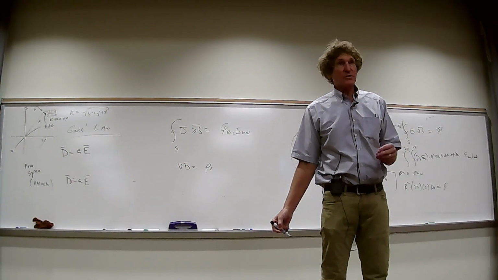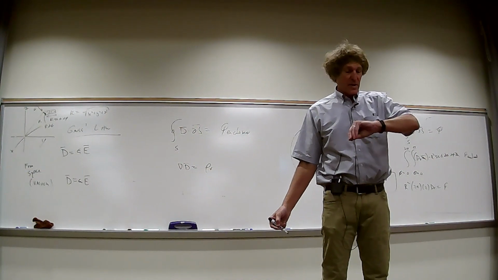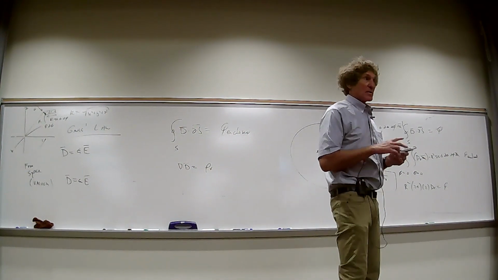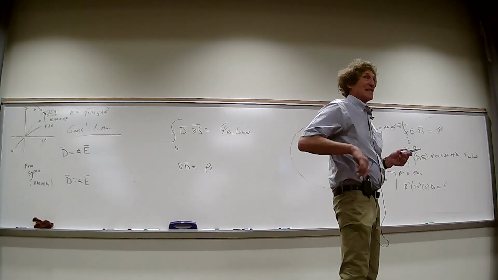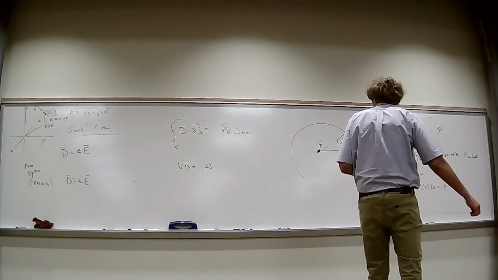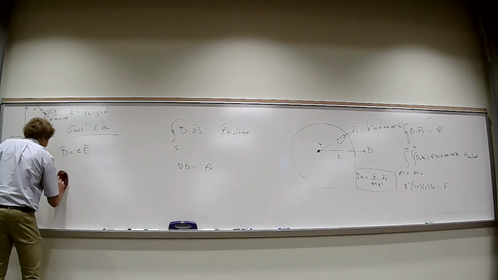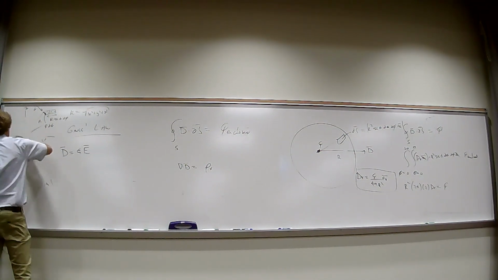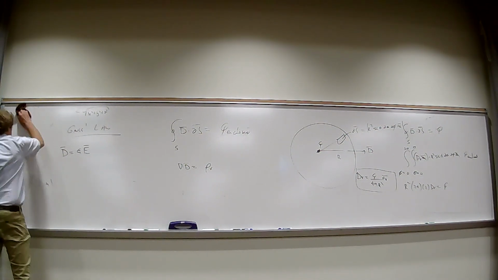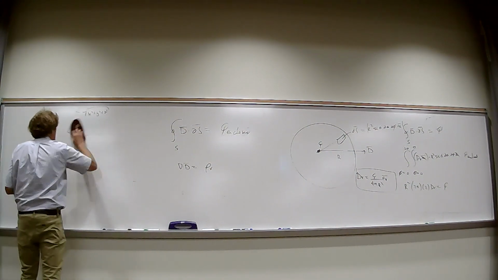Now we're going to apply Gauss's law to things that are a little more complicated, but this is very important because you'll see how it makes life so much easier. We're going to start with the line charge. Now, if you've had Gauss's law, this might seem a little boring to you. You know it already.